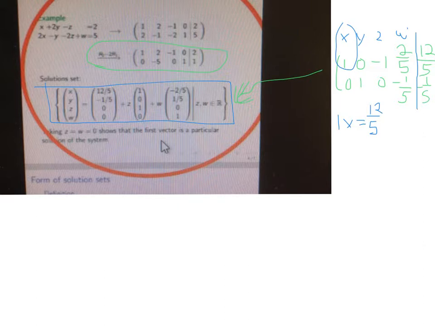But we also have the z value and the w value included, and so that would be minus 1z, and plus 1z on the other side, and minus 2/5 w on the other side. And that's where these numbers 1z and minus 2/5 w, that's where those are coming from in this solution.